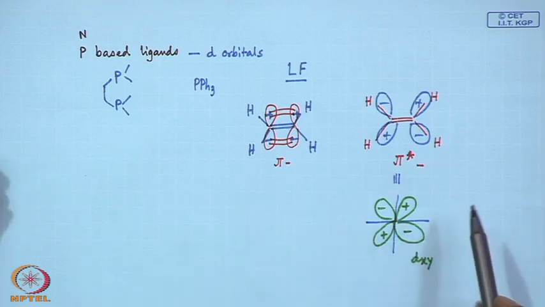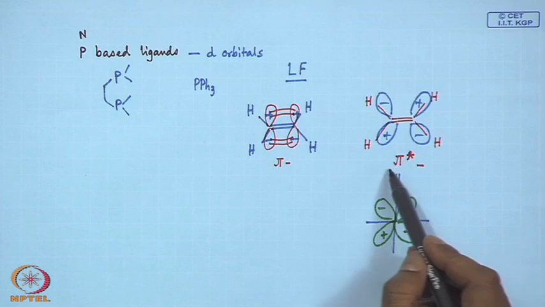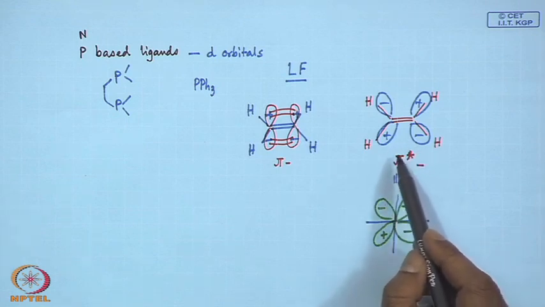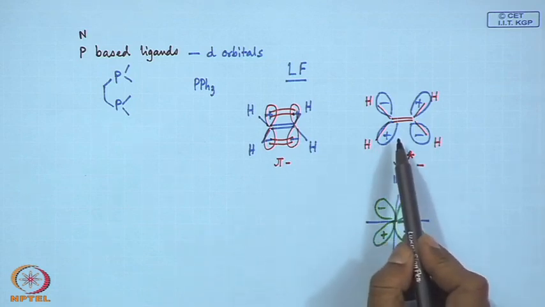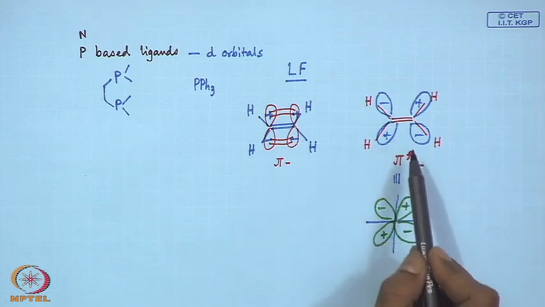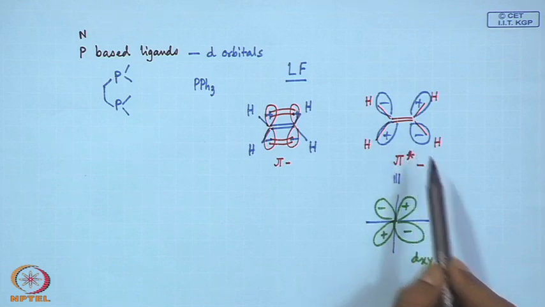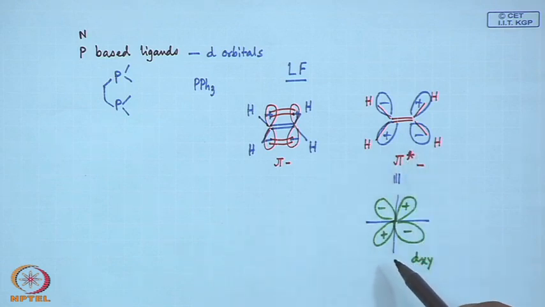So, it has a typical matched symmetry, that means the pi star orbital will have the matched symmetry with that of our dxy orbital. So, either the pi star orbital or the d orbital can be utilized for these pi interactions with the metal orbital.